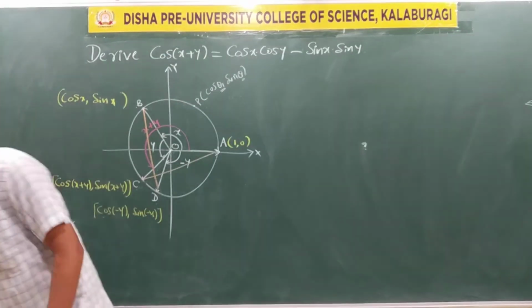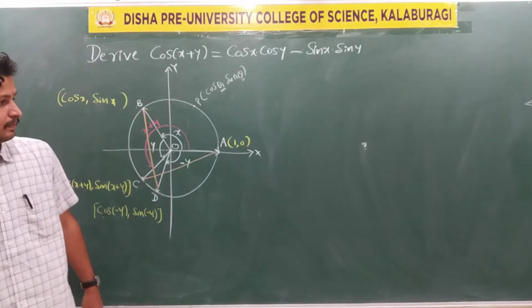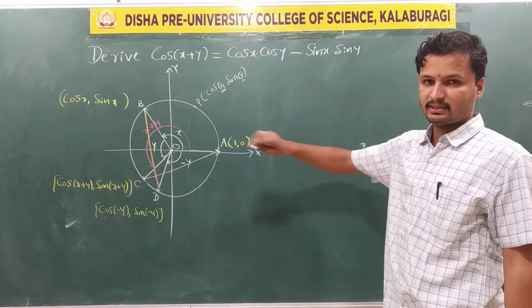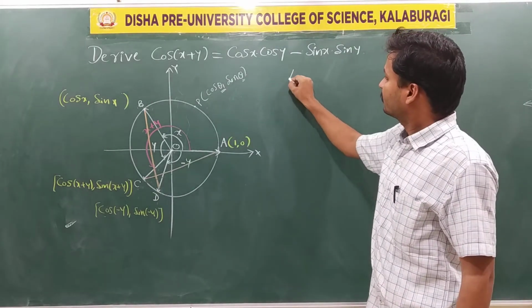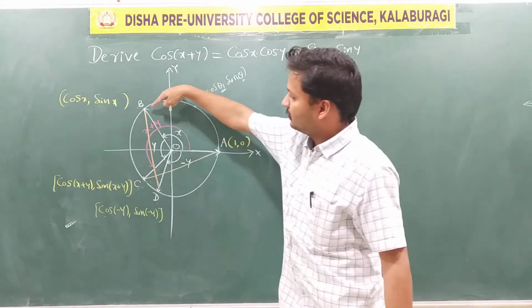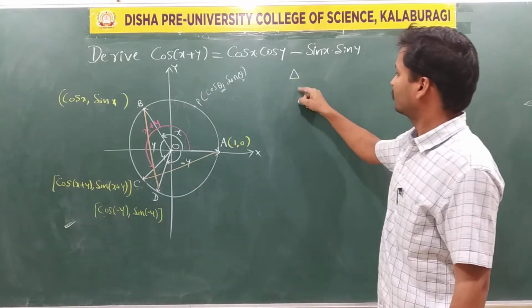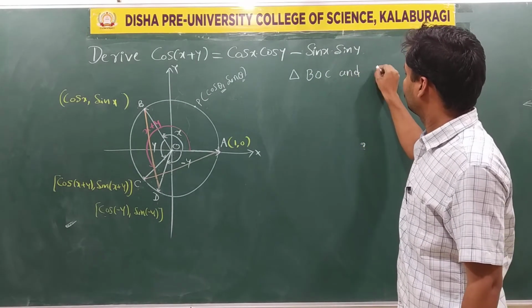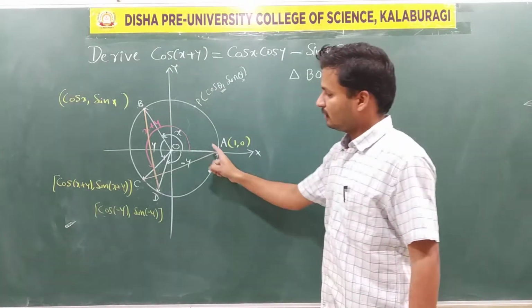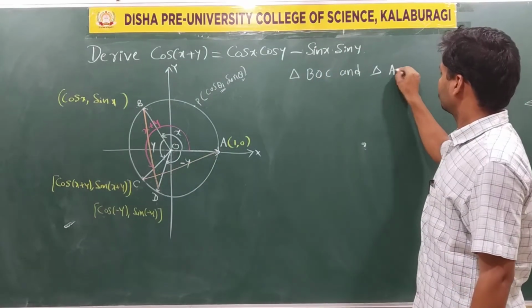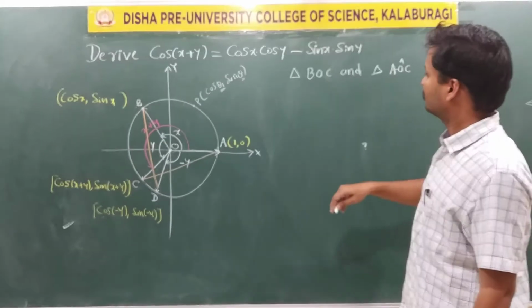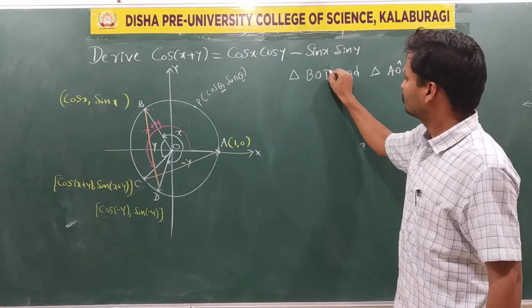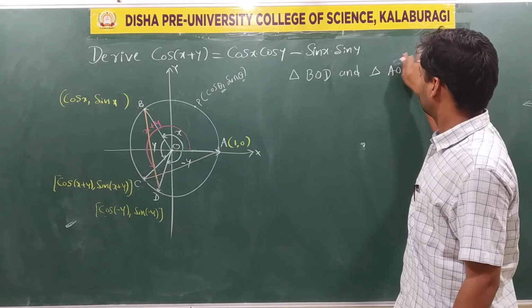From this geometry there are two triangles, correct? Triangle BOD and triangle AOC.